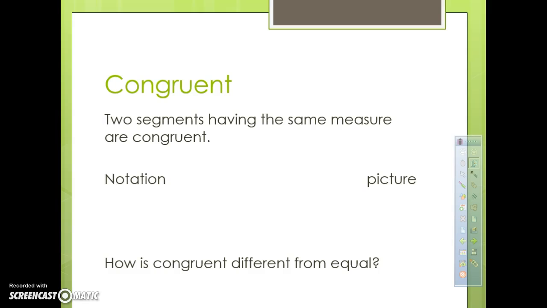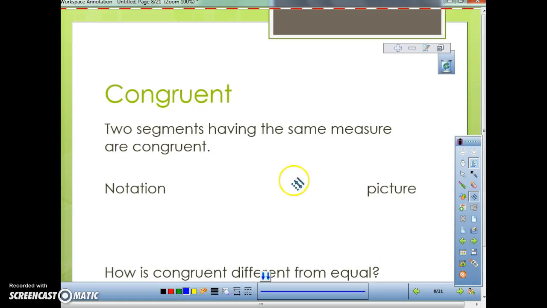Since we're talking about segments here, same measure. So I'm going to draw a picture for you.